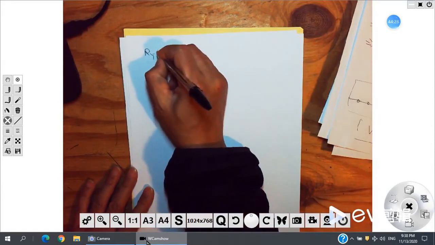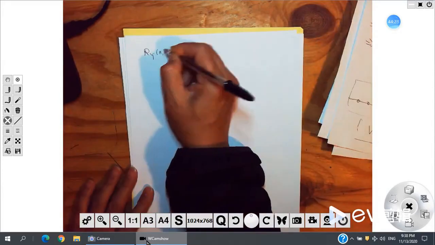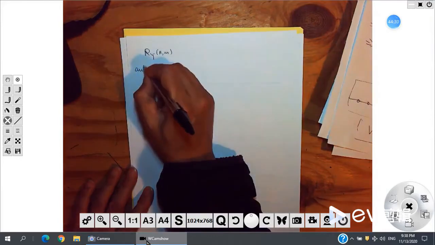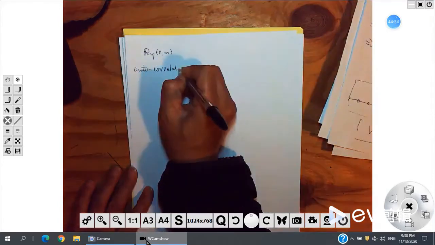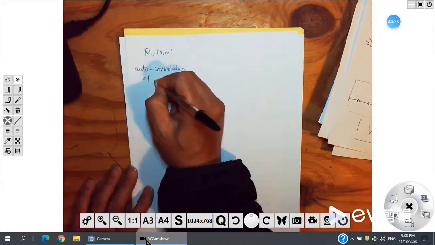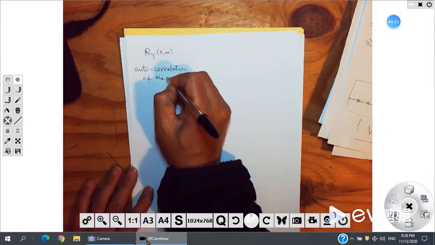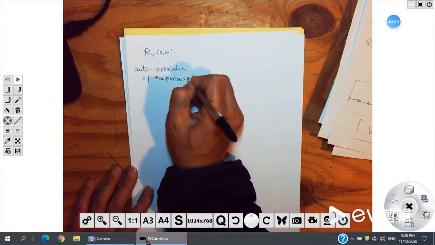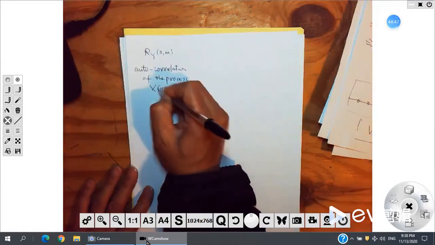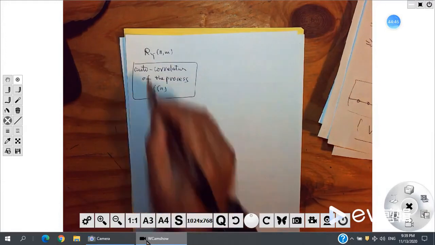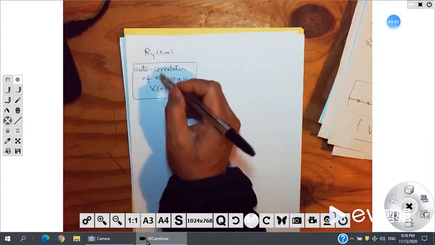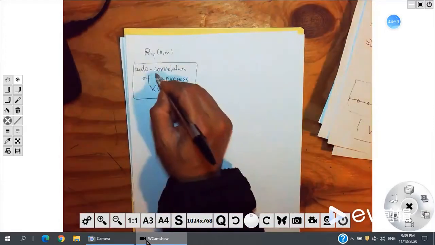ry of n and m. This one is the autocorrelation of the process x of n. Now we have a name. Actually, we had this capital R before, right? We just called it correlation.